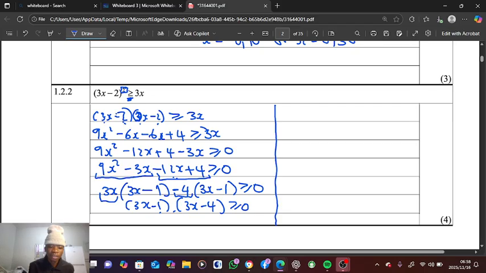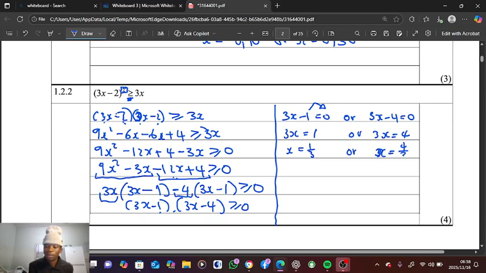So we can say the first bracket is equal to 0, the second bracket is equal to 0. So 3x minus 1 is equal to 0, or 3x minus 4 is equal to 0. So here we have 3x is equal to, by taking this one to this side, 1, or 3x is equal to 4. Therefore, x is equal to 1 over 3, or x is equal to 4 over 3.